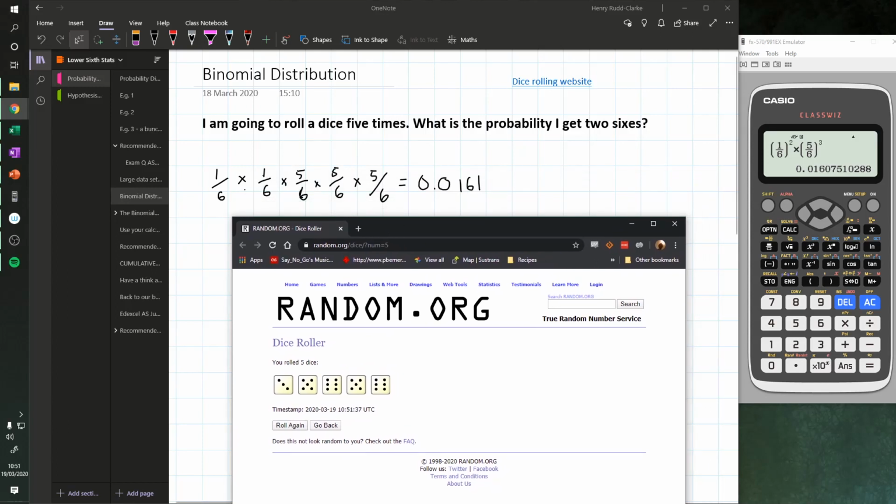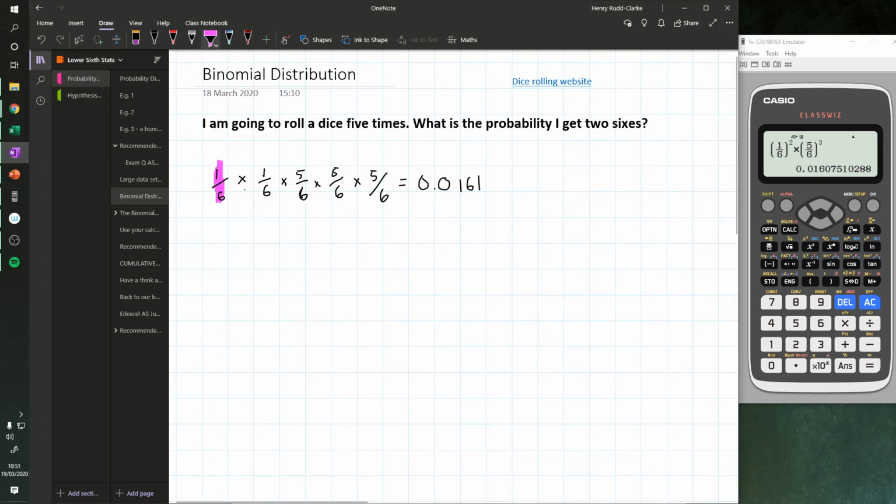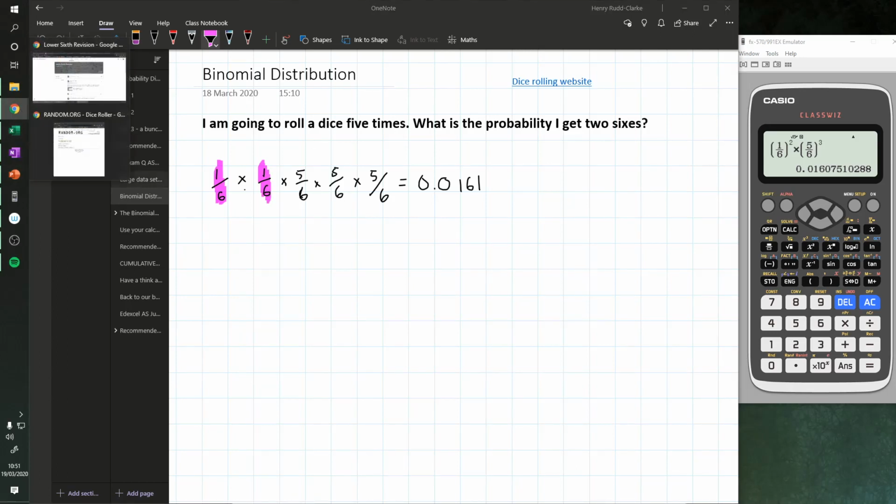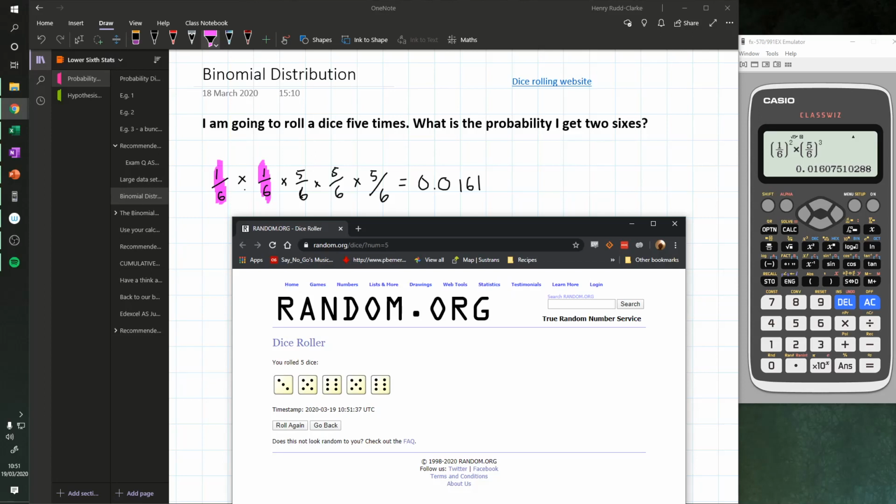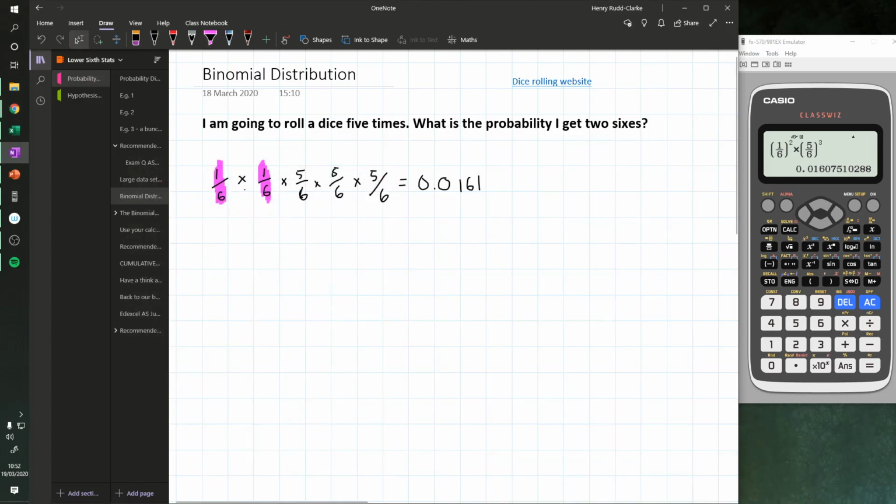What I've done here assumes that the first 2 dice would be 6s, with 1 out of 6 and 1 out of 6 in the first 2 entries, but here in fact it was the 3rd dice and the 5th dice. So this makes it more difficult to calculate, because 0.016 is not actually the answer.